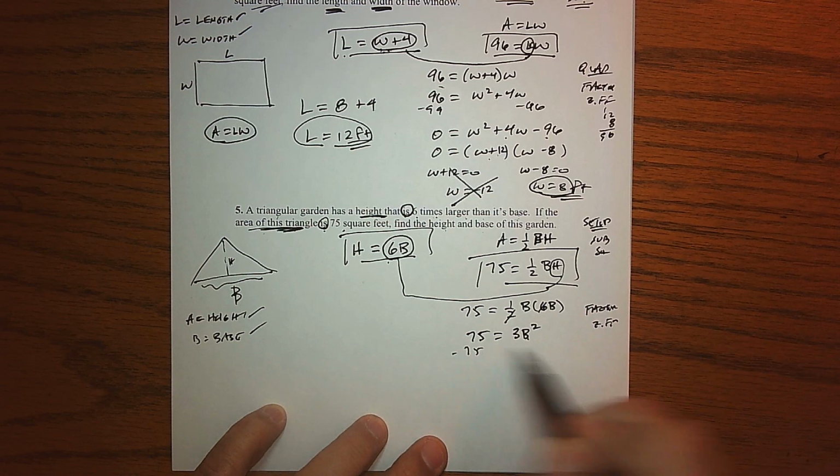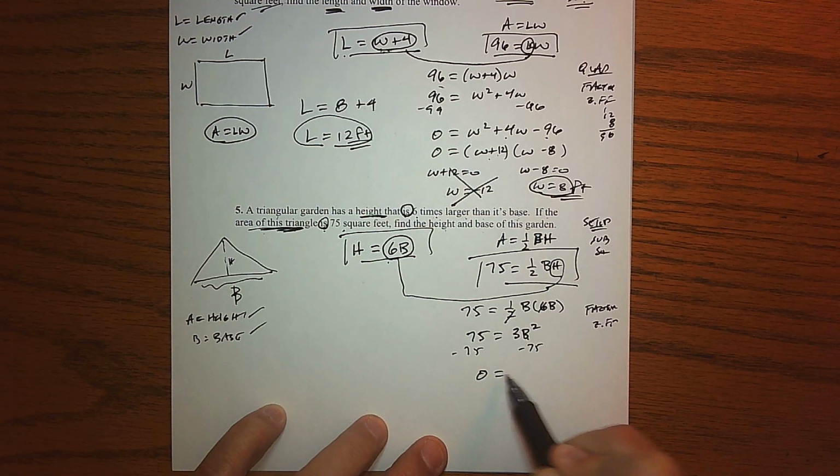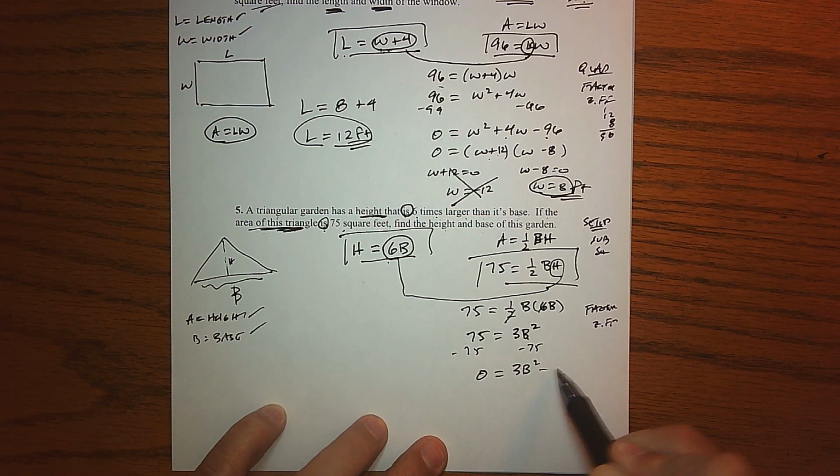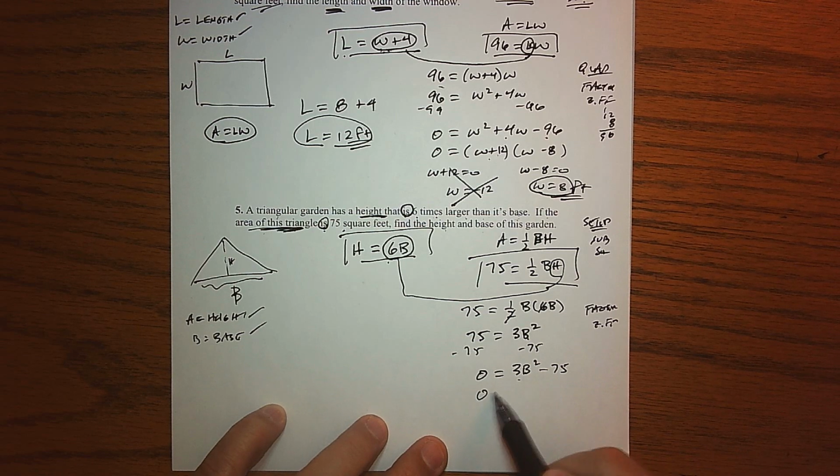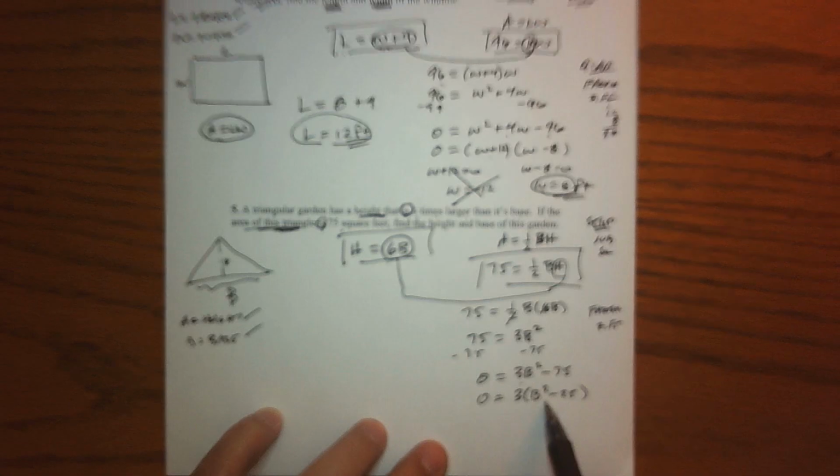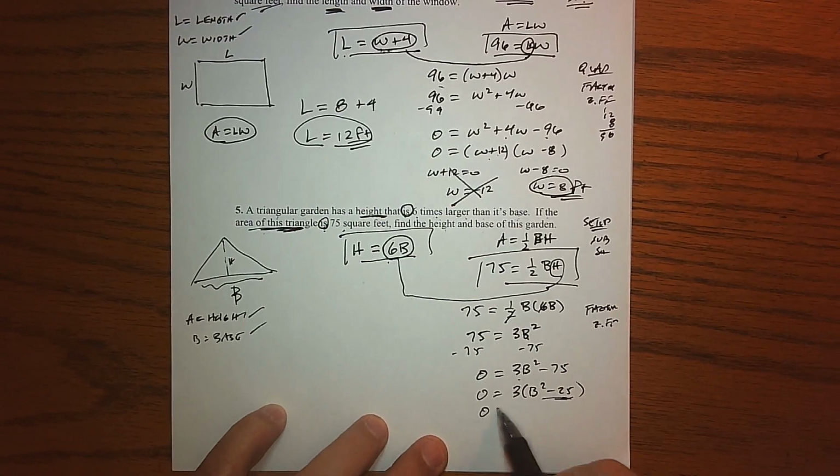So subtracting 75 from both sides, we get 0 equals 3B squared minus 75. The GCF is 3, so we'll pull that out, and we're left with the difference of squares. So 0 equals 3 times (B minus 5) times (B plus 5).